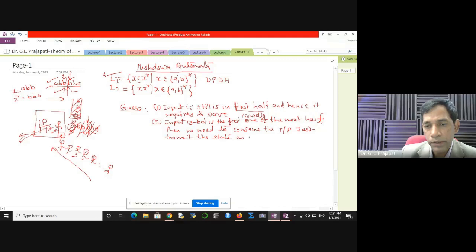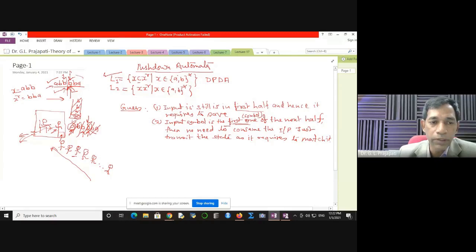It actually requires to match it. So once your machine says that yes, the input symbol is the first symbol of the next half, what do you need to do?